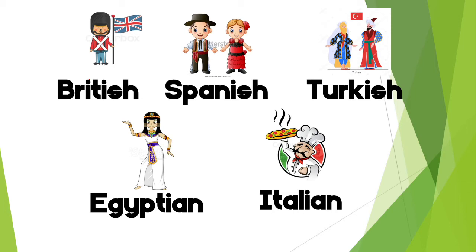So if you are part European, part of the Caucasian, so you can be a British. Okay, so if you are from Spain, you are called Spanish. If you are from Turkey, you are called Turkish. If you are from Egypt, you are called Egyptian. And if you are from Italy, you are called Italian.